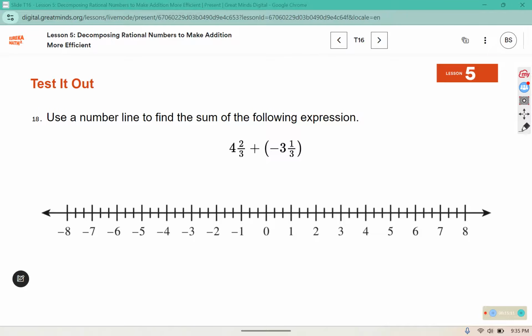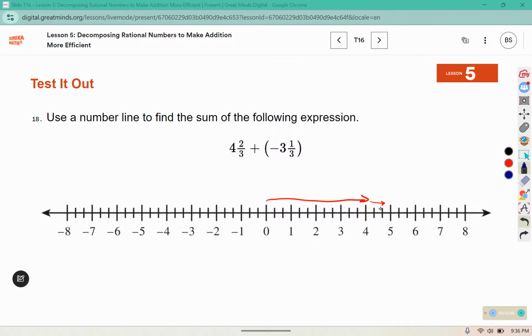Use the number line to find the sum of the following expression. We start at 0, and we will go to the right 4 and 2/3. You can see they're split up into sections of thirds: 1/3, 2/3, a whole. Then we have plus negative 3 and 1/3. So we're going to go backwards 3 and 1/3.